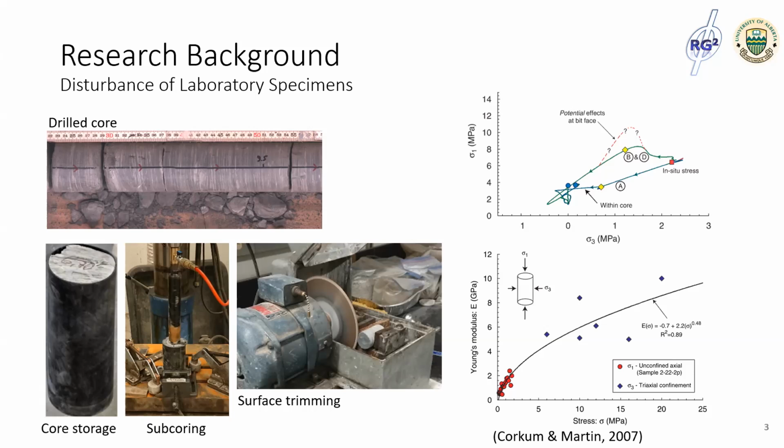For example, during the coring, the stress relief likely induces disking along the core, and during core storage and transportation, the moisture change in the environment will likely damage the sample by either desiccation or swelling. Then we also need to extract the specimen from the core tubes and trim both surfaces to get it ready for the test. Those destructive steps could induce more microfractures and even break the sample if not handled carefully.